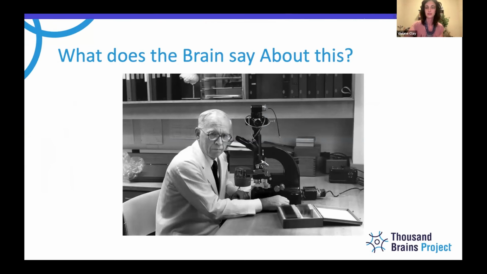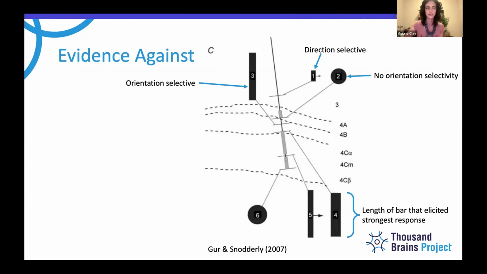The very first figure that I found that was what I was looking for was this figure, which shows that with just one vertical electrode penetration, so basically within the same column, they find both direction selective cells and orientation selective cells of different sizes of bars, and non-orientation selective cells.